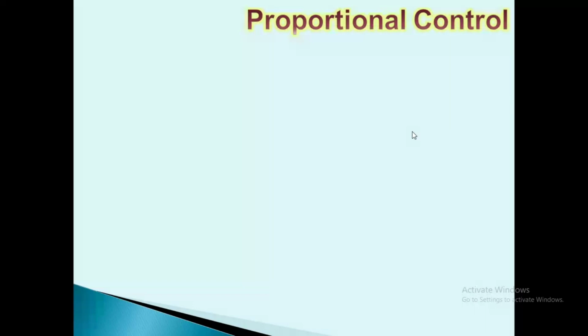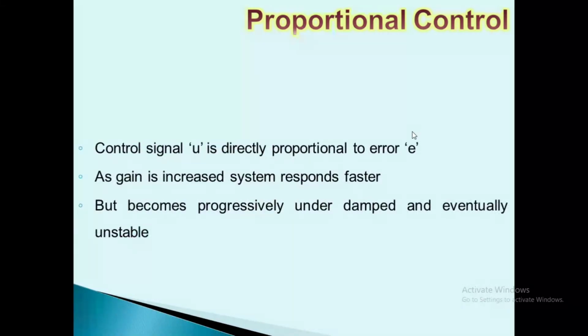Before going for our experiment, one should know what exactly proportional control is. In proportional control, we assume the control signal as U, which is directly proportional to error. First of all, we need to keep in mind why we are using proportional control, integral control, derivative control, the proportional-integral combination, and the proportional-integral-derivative combination.